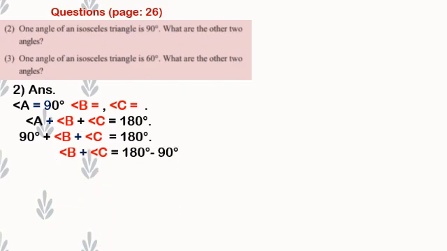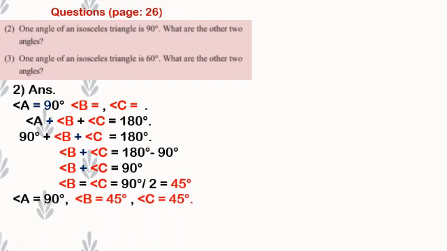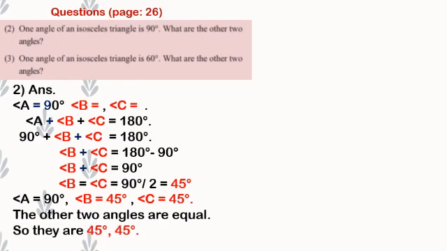Angle B plus angle C equals 180° minus 90°, so angle B plus angle C equals 90°. We know angle B equals angle C, that equals 90 by 2, equal to 45°. Here we get all angles: angle A equals 90°, angle B equals 45°, and angle C equals 45°. The other two angles are equal, so they are 45° and 45°.